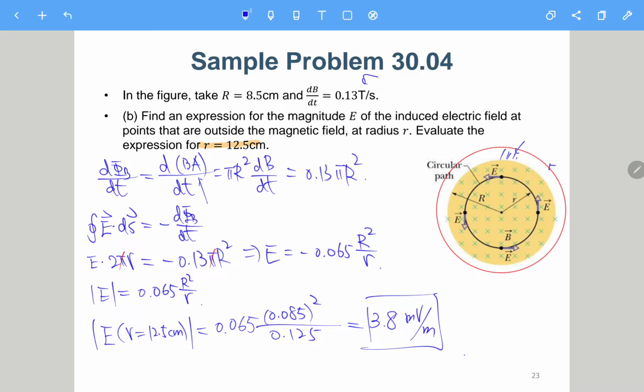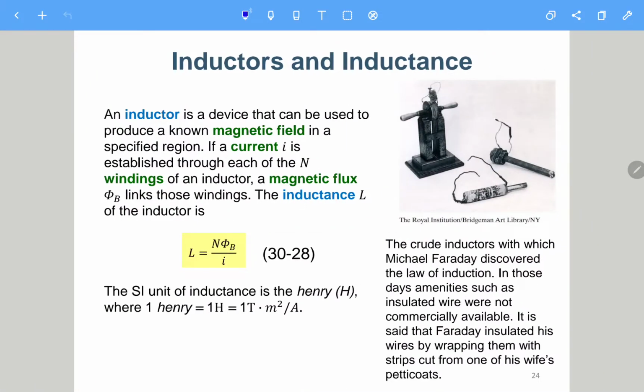Okay, so here we talk about inductors and inductance. Some of you are ECE students, so you are learning circuit analysis. For the fundamental circuit, there are three passive elements: the resistor, the capacitor, which we have learned in chapters 25 and 26, and here we learn about the last one, which is the inductor.